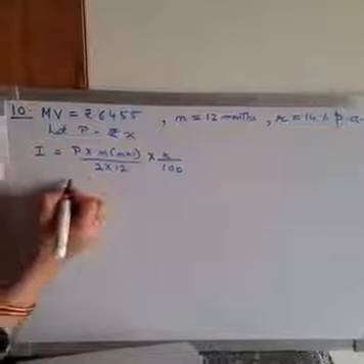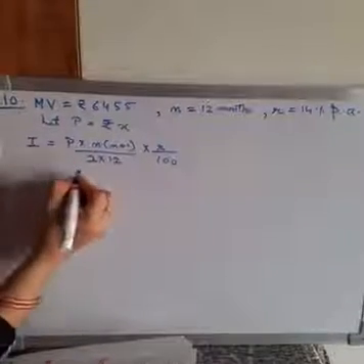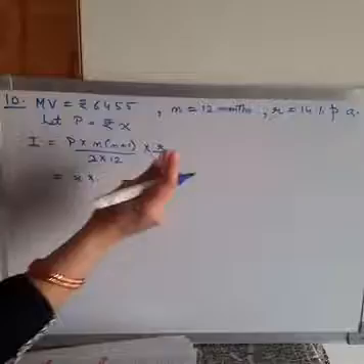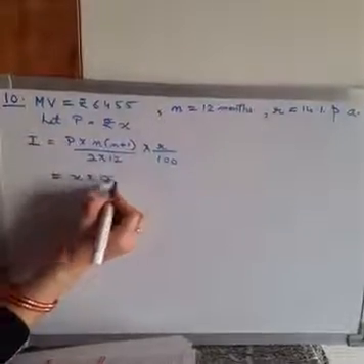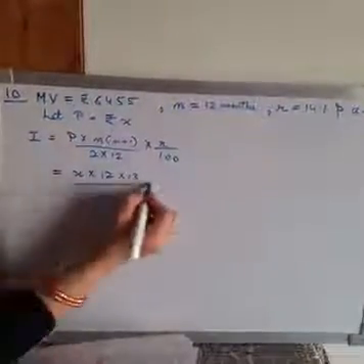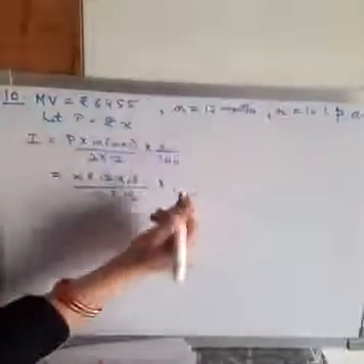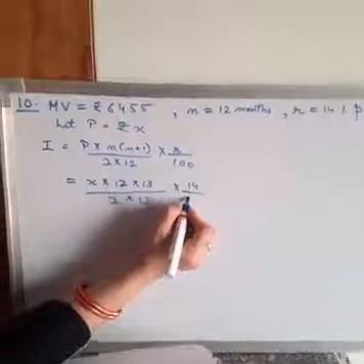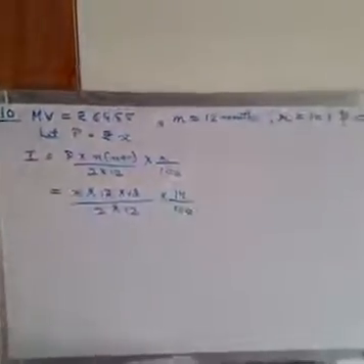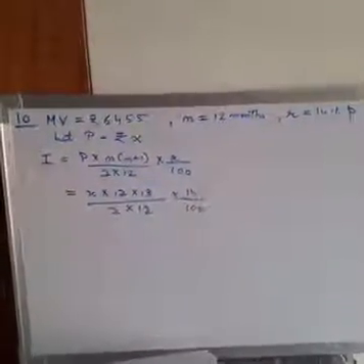Okay, so let's substitute. So in this case, I would be equal to P, that is X, into N, that is 12, n plus 1, that is 13, upon 2 into 12 into r, which is given to be 14 upon 100. Okay, so now let's cancel out the terms.